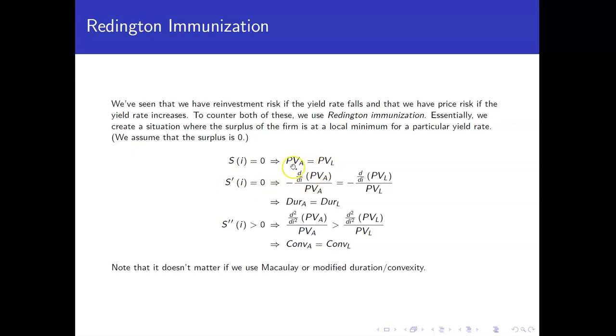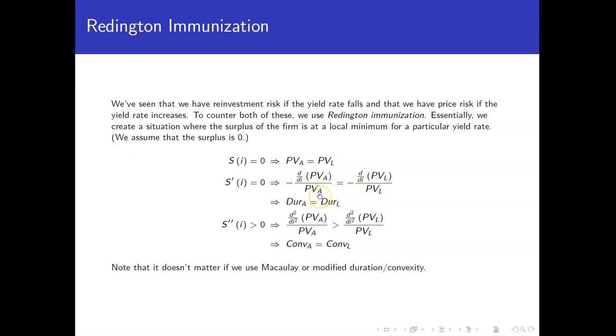So now looking at the previous equation, if I differentiate this with respect to i, I would have the derivative of the present value of the assets equals the derivative of the present value of the liabilities with respect to the interest rate. I could certainly multiply both sides by -1. That doesn't change anything.